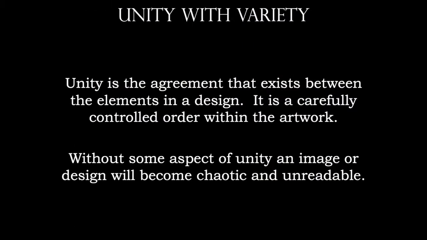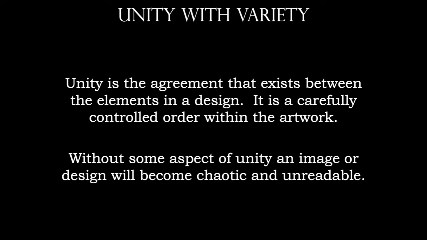And now we're going to move on to probably the most important part of this lecture, because I usually have an assignment based on the idea of unity with variety. So unity is the agreement that exists between the elements in a design, meaning they go together.